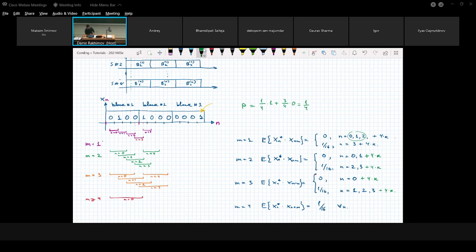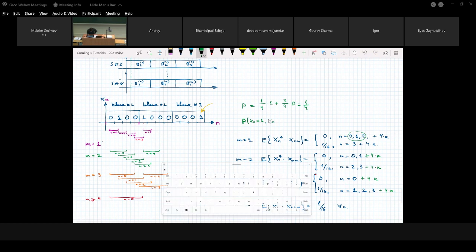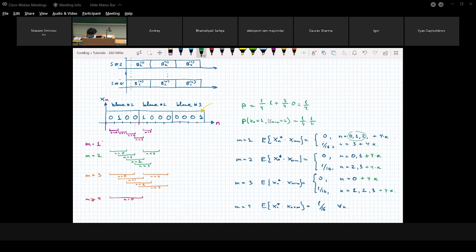As a result, the probability that both x n equals 1 and x n plus m equals 1 is 1 over 4 times 1 over 4, 1 over 16. But only if m is large enough so that you are observing independent samples. Because if they are in one coded block, of course the result will be equal to 0. Okay, this is the idea.